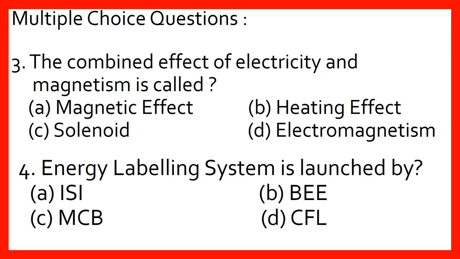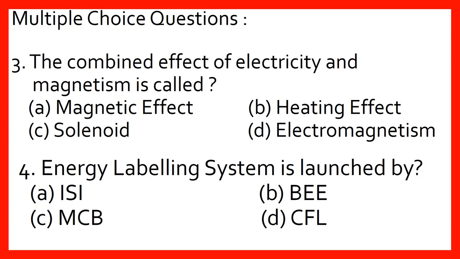Further, we have multiple choice questions. Question number 3. The combined effect of electricity and magnetism is called. Option A, magnetic effect. Option B, heating effect. Option C, solenoid. Option D, electromagnetism.